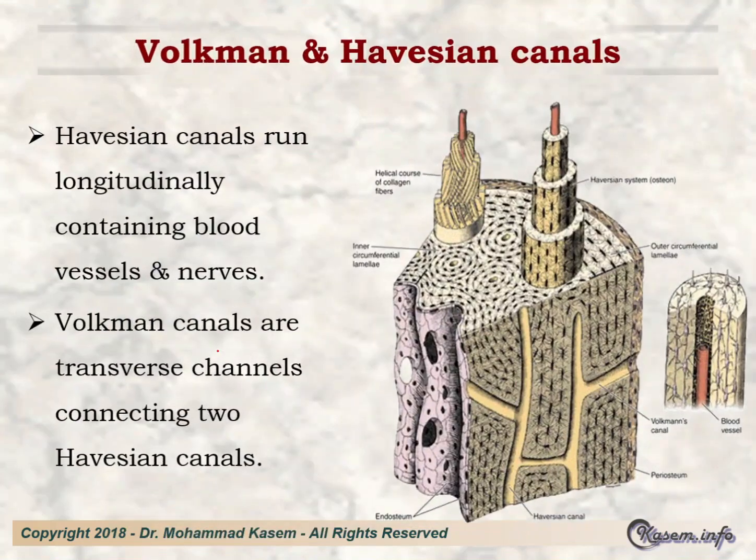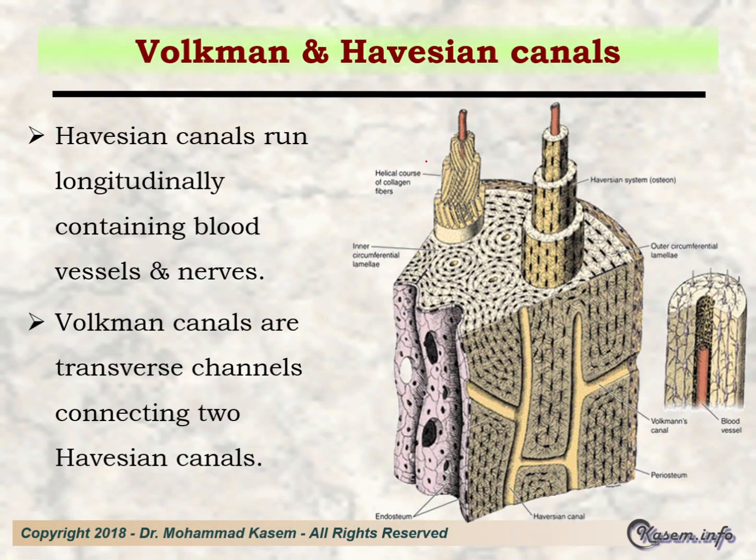The Volkmann and Haversian canals, you have to know that Haversian canals contain blood vessels and nerves inside them. Also, they may be lined with osteoblasts and osteoprogenitor cells in their lining.